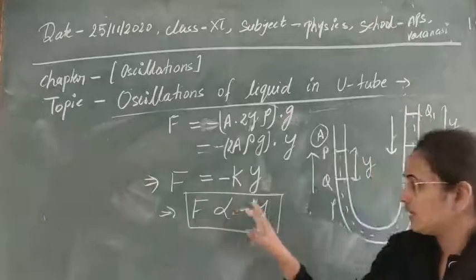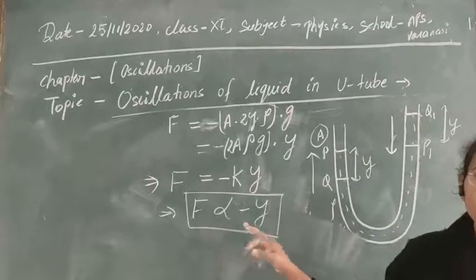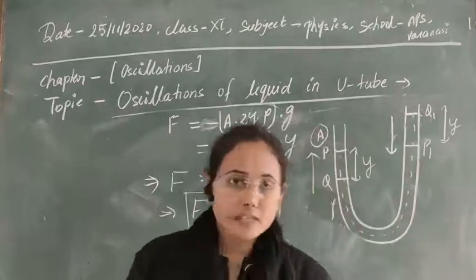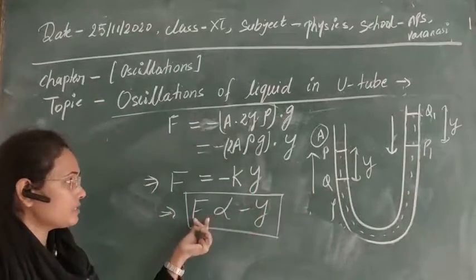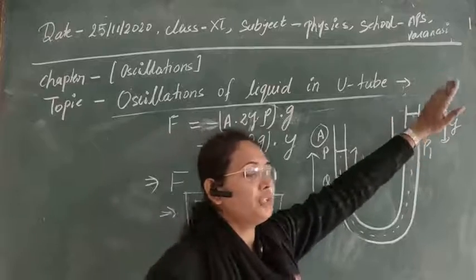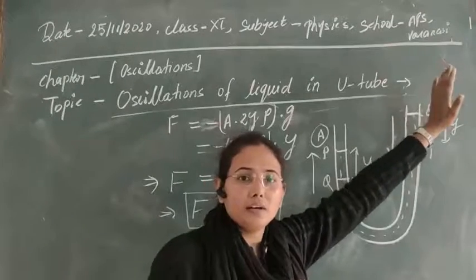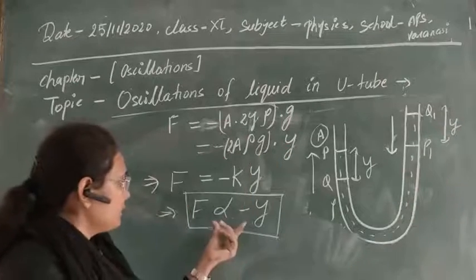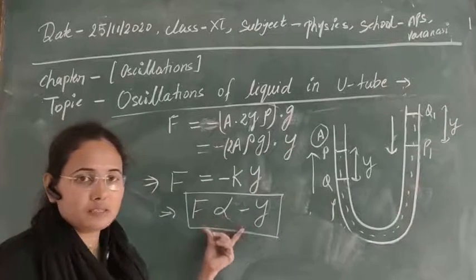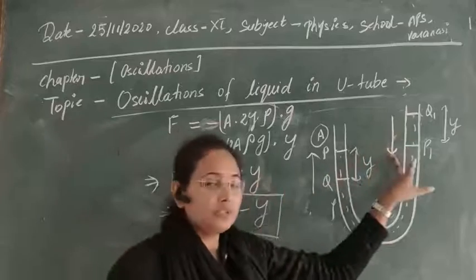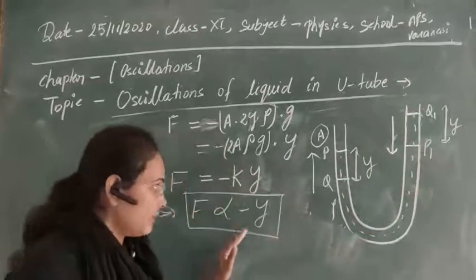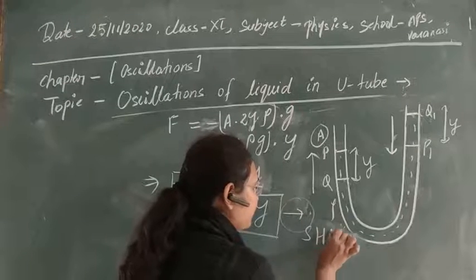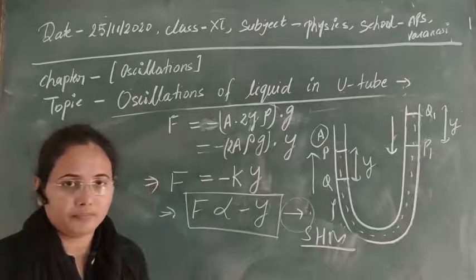In all of these we have seen that this condition is always fulfilled, meaning this is the primary condition for simple harmonic oscillation. So we are seeing that this restoring force is developed due to the displacement y, it is directly proportional to this displacement, and it is in the opposite direction also. As this formula is satisfied, we can see that this system is performing simple harmonic motion.